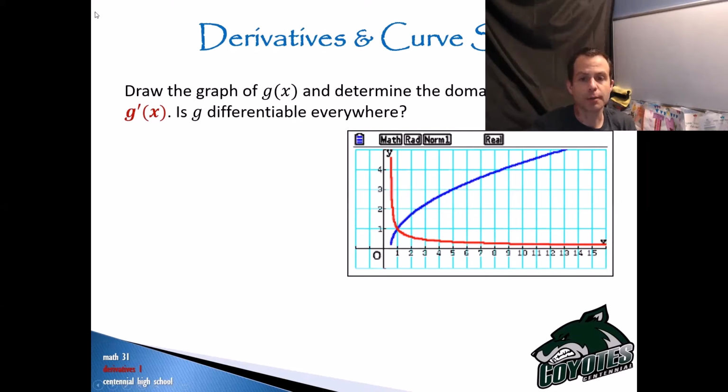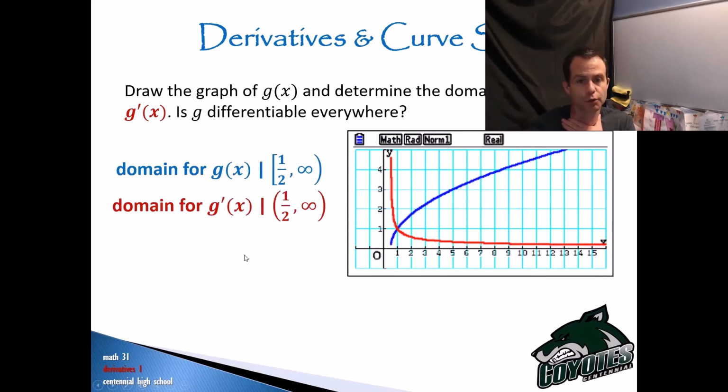And now we want to talk about this conversation: is g differentiable? Well, the answer is no, because my domains are actually slightly different here. Remember that the definition of differentiable is that the derivative exists during the entire domain of the original.